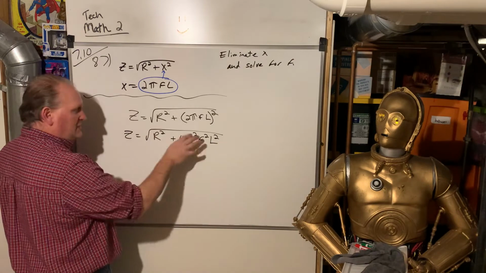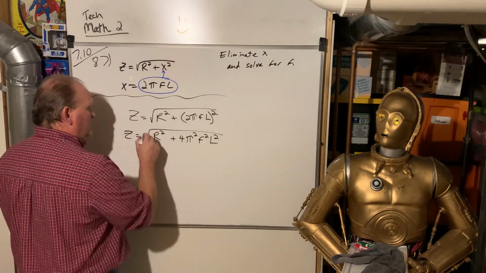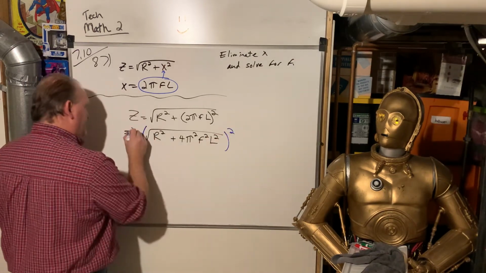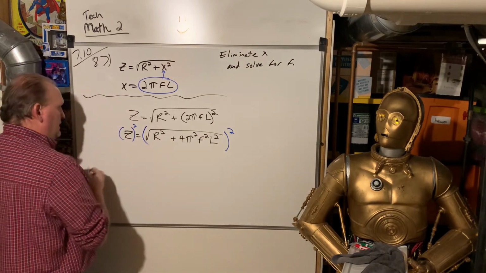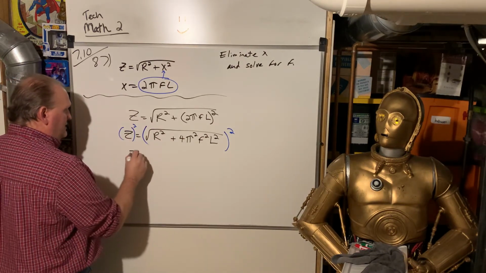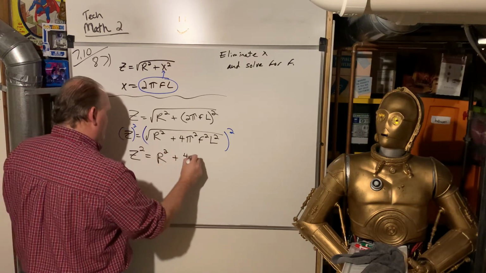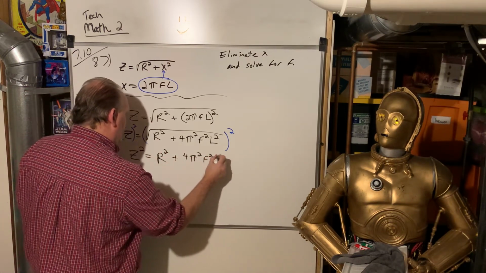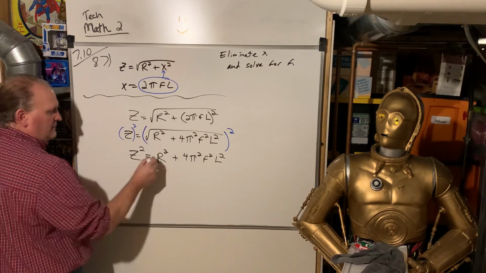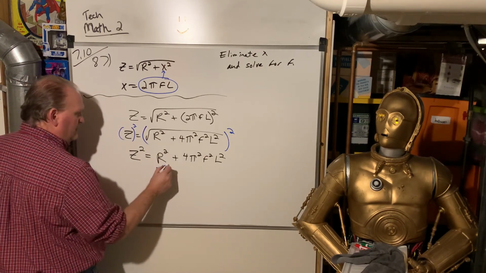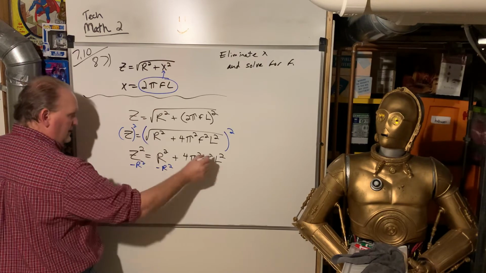If there's a plus or minus, you can't distribute the square root. So we have to square both sides. And then it looks a lot worse than it is here. And we're going to get rid of this R squared. I'll isolate that.